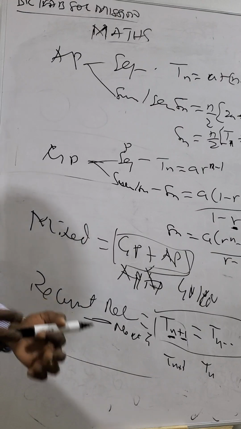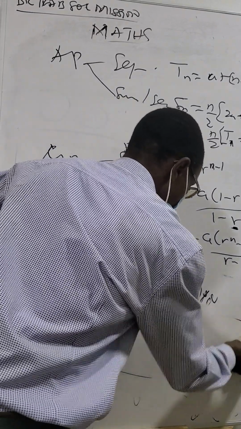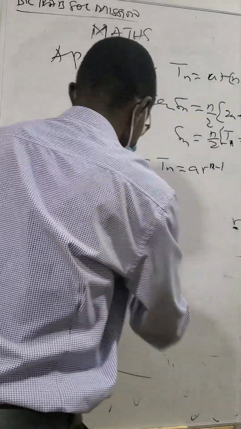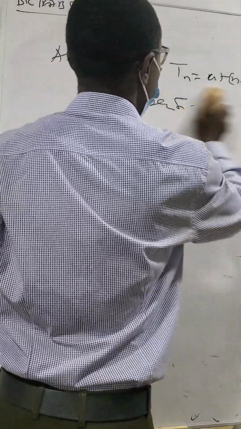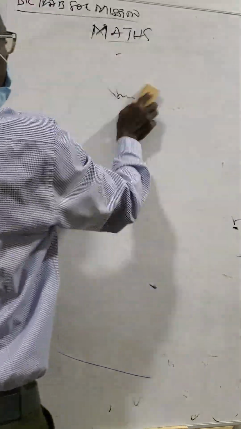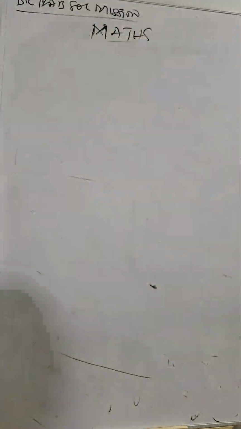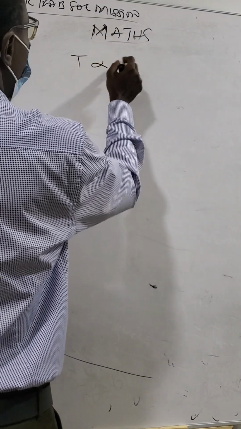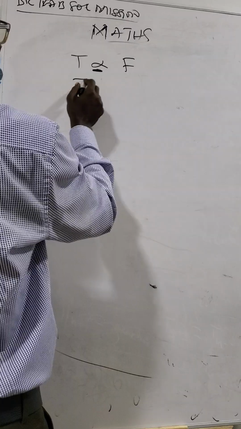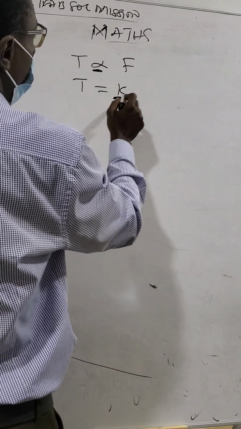If you remember, we have proportionality, a kind of question that may usually be part of this. I will just briefly talk about that. Let's say T is proportional to something; we can remove the proportionality sign when T is equal to K, the proportionality constant, instead.